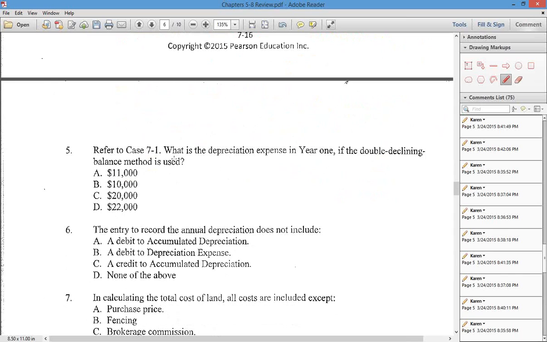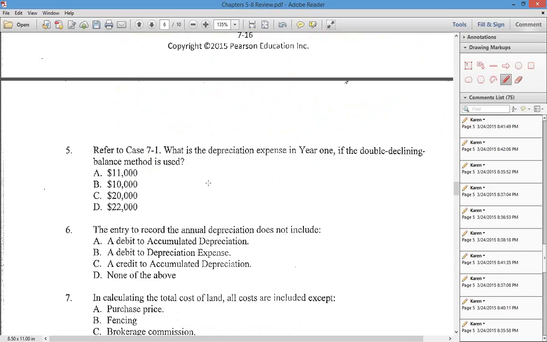Refer back to this case, and what is the depreciation expense in year one if using double declining balance? So here's another chance to review how another method of depreciation works. Double declining balance is an accelerated method. Accelerated means there's more expense taken off in the early years.